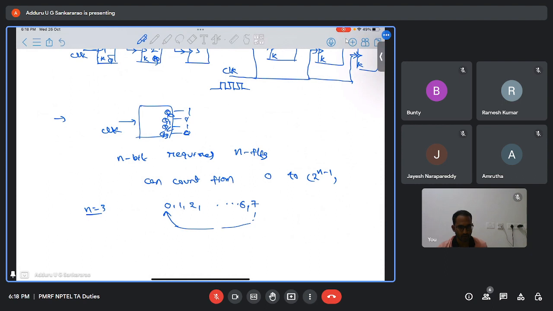Okay, and for this, the modulus of the counter is how many states it can count. That is nothing but the modulus of the counter.